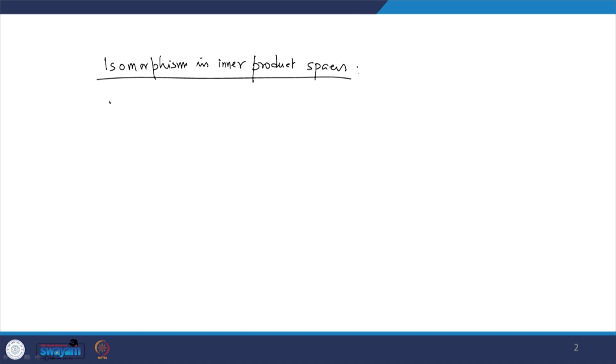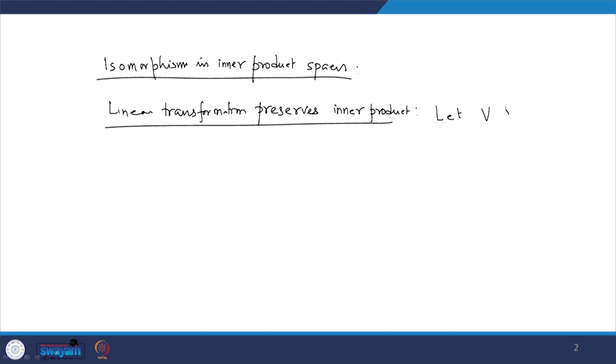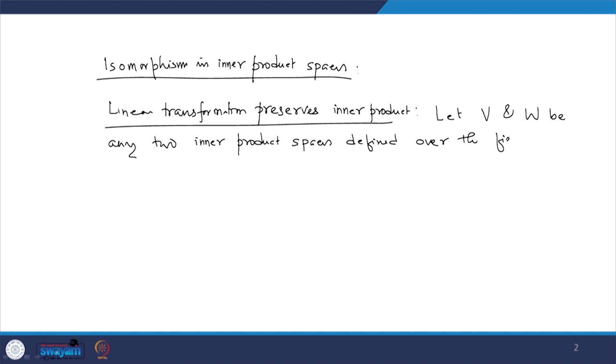What is the meaning of this? Let V and W be any two inner product spaces defined over the field, say capital F, and both the inner product spaces are defined over the same field.